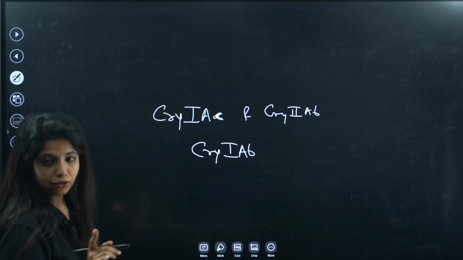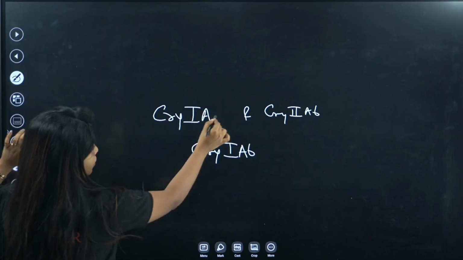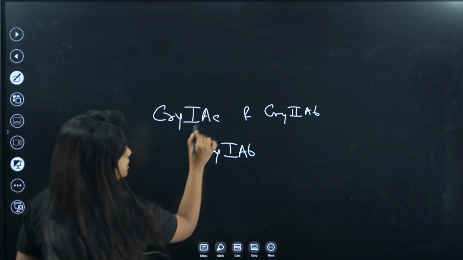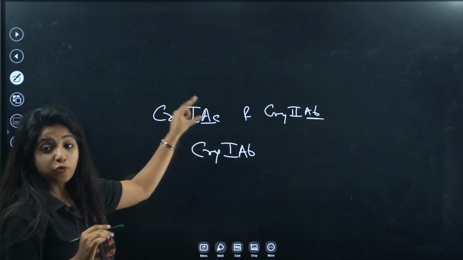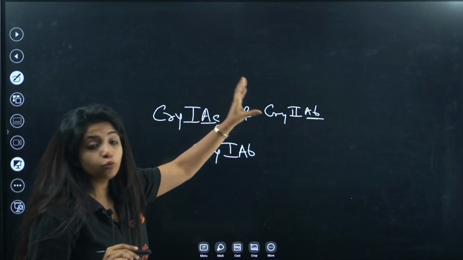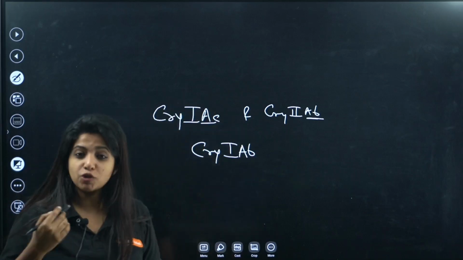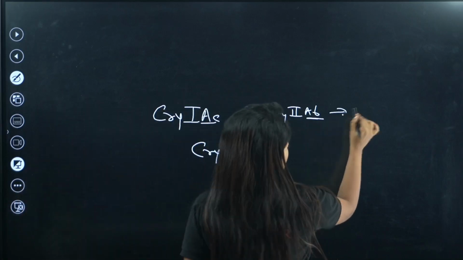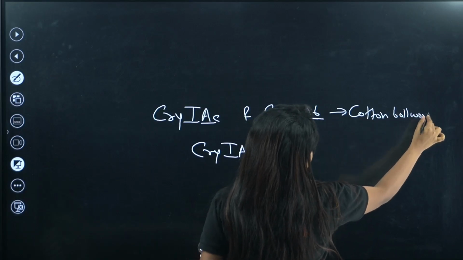It's simple. Don't be confused. Listen. You have AC over here, and AB is also there. So cry1Ac and cry2Ab are going to produce toxins that are going to affect the cotton bollworms.